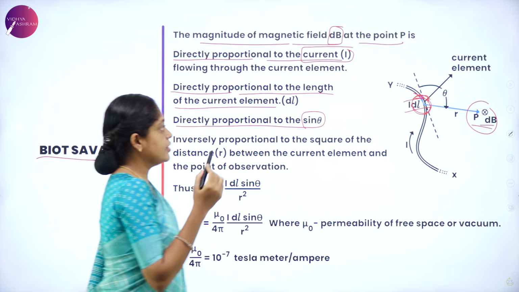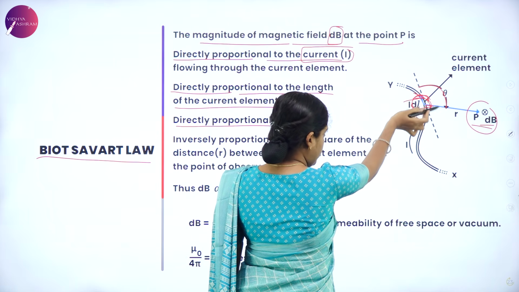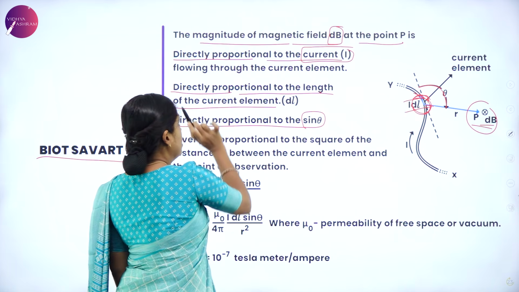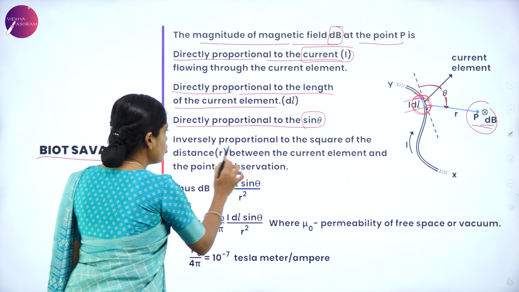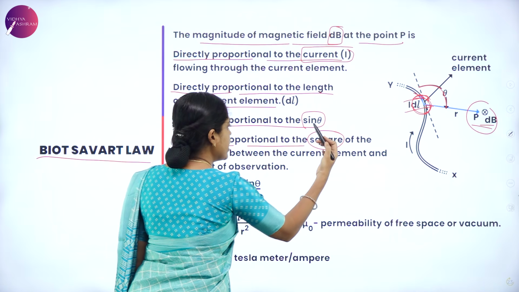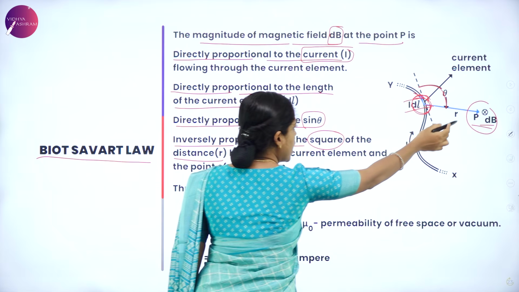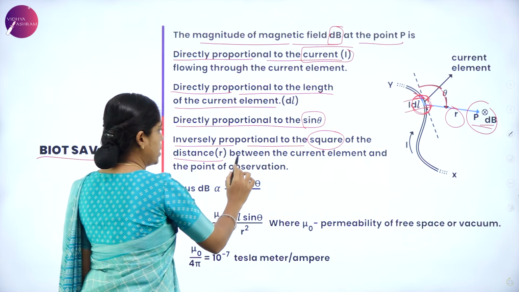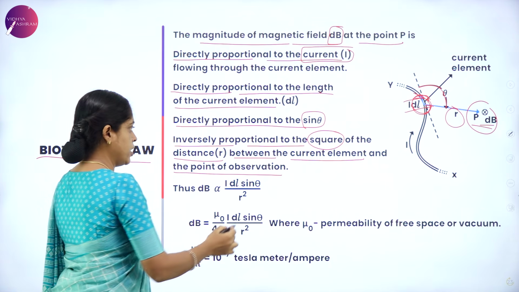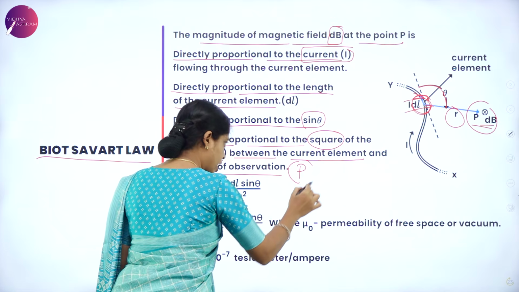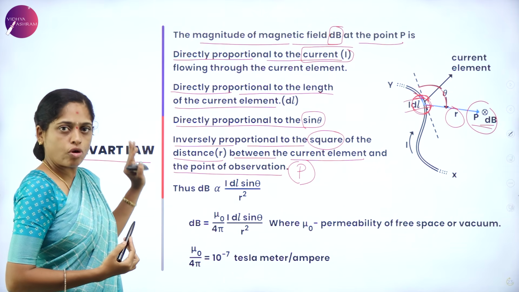Observe the picture. The theta is the angle made by the dl with the point P. To this angle, the dB is directly proportional, and it is also inversely proportional to the square of distance. Consider the distance r, between the current element and the point of observation, that is, the point where we are finding the magnetic field. This is the statement of the Biot-Savart's law.